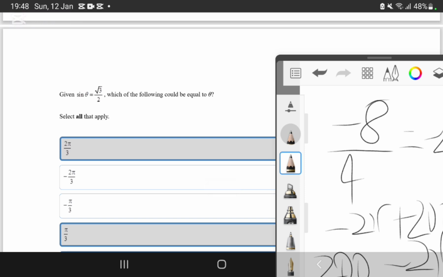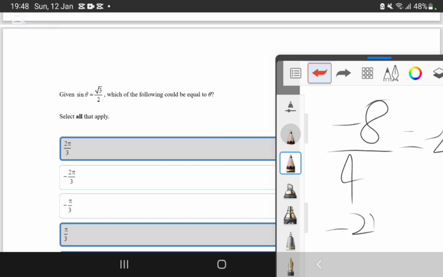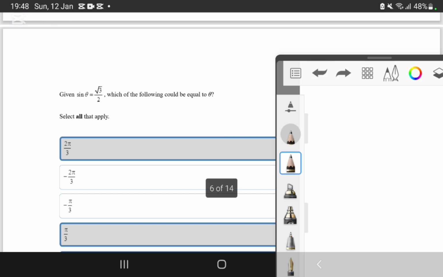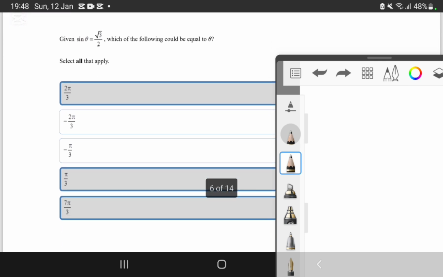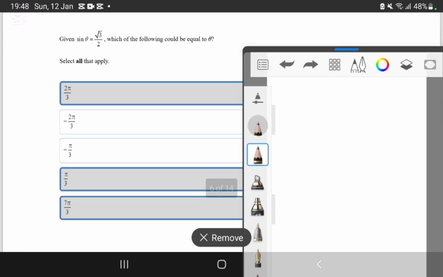For this question, we're going to have to memorize that sine inverse of radical 3 over 2 is 60. In radians, pi is 180, so pi over 3 is 60.